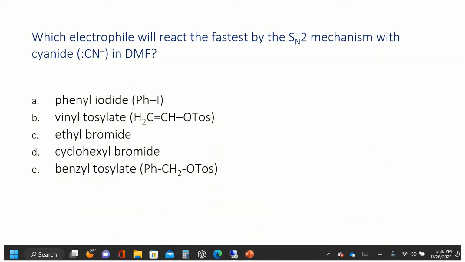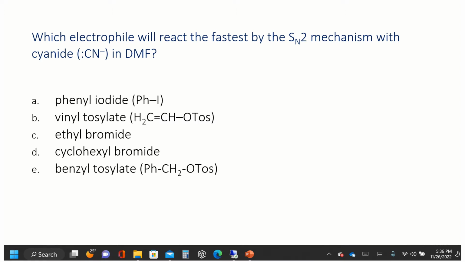So we could ask a question like this: which electrophile will react faster in an SN2 mechanism? Think ease of access.